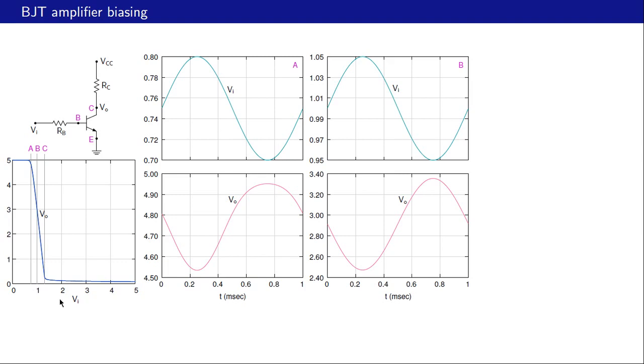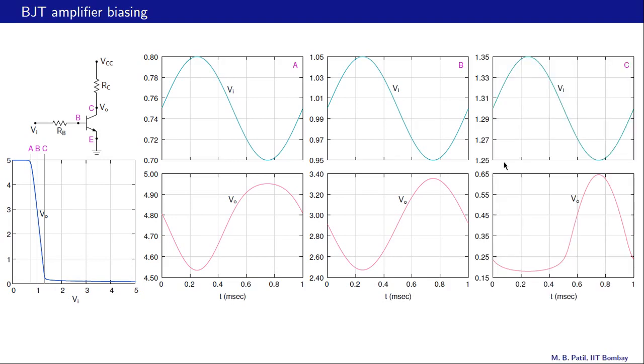Let us consider another bias point, the one given by this line C here, and we are going to apply an input voltage which goes around that bias point like that, and let's see the input and output waveforms now. That is the input voltage centered around 1.3 volts, which is this value here, and the amplitude is still the same.